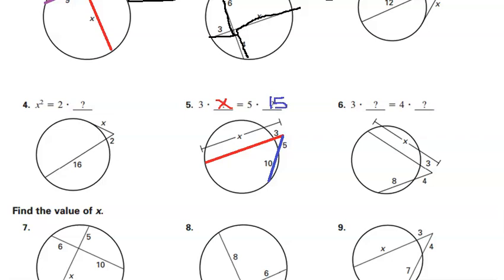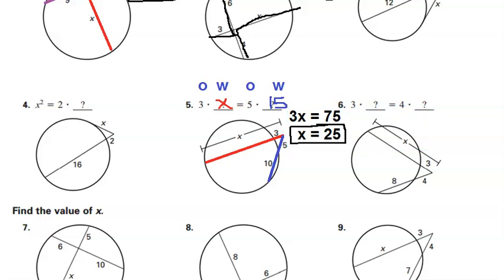So again, we're doing ow-ow. The outside times the whole equals the outside times the whole. So when you work through and do the math, you get 3x equals 75, which means x equals 25.